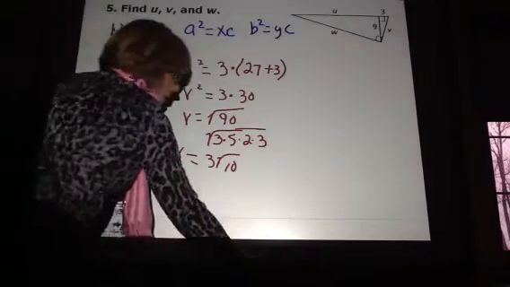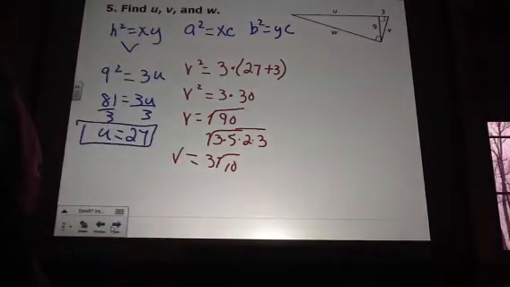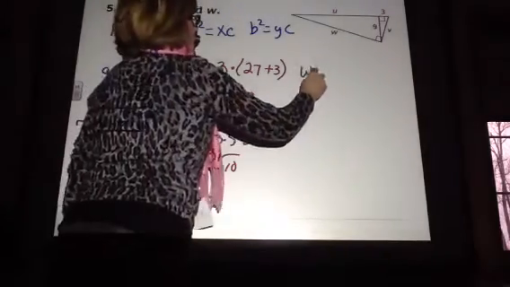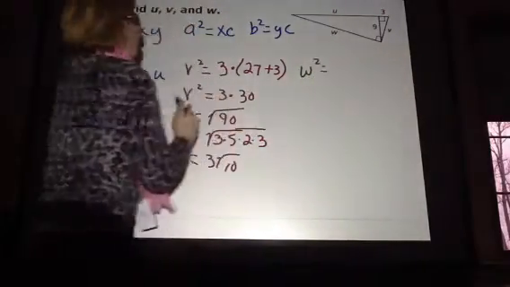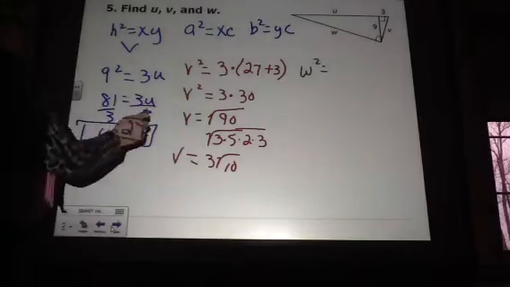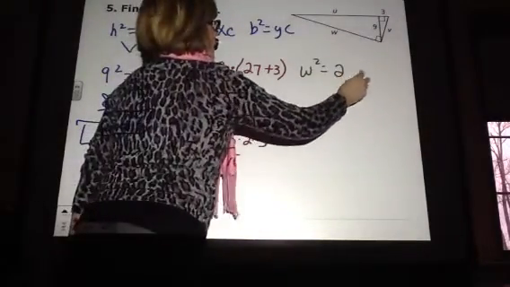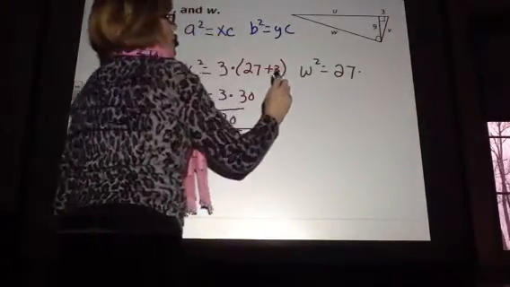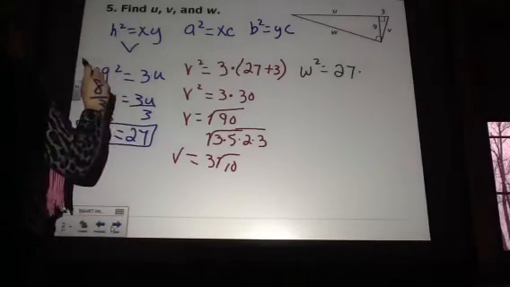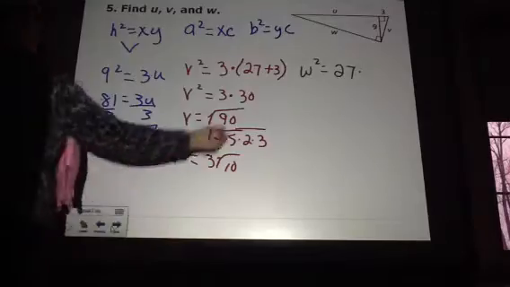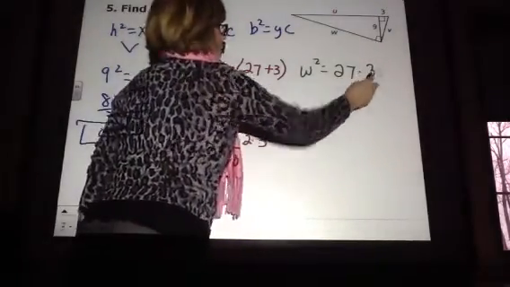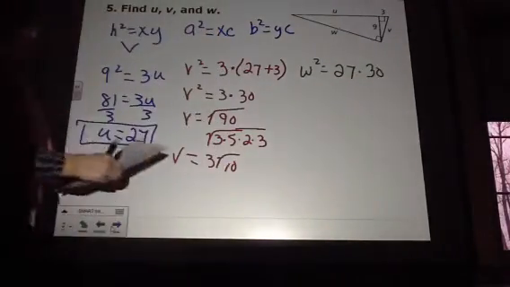All right, and then W. W will be... So W squared equals whatever U is, 27, times the length of this whole segment, which we said was 30. Okay?